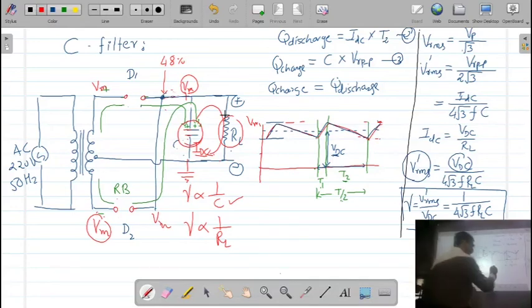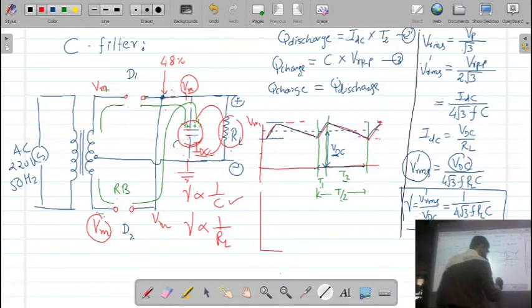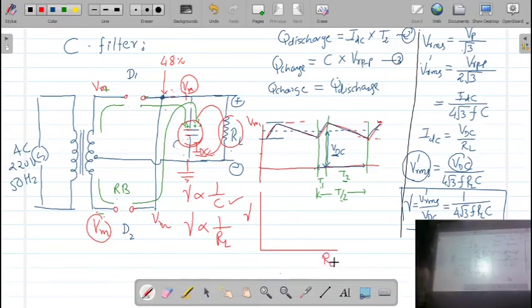It means if I draw a graph like this, a ripple factor against the load resistance RL. So when this RL is 0, then the ripple factor will be what? 1 upon 0, it will be infinite.